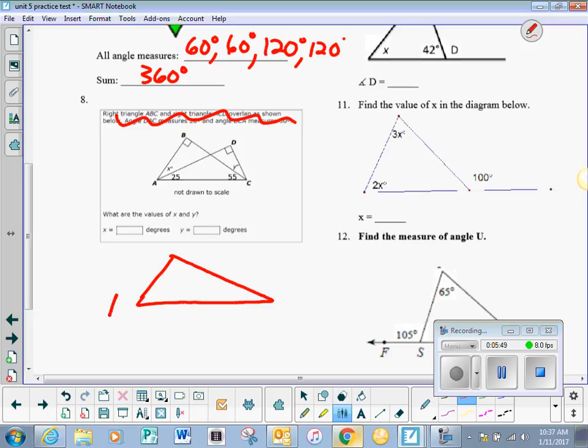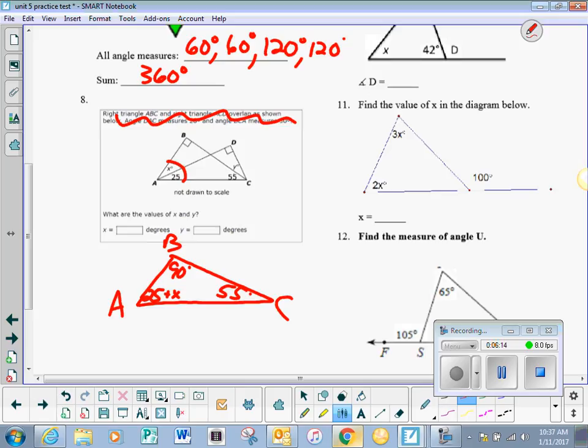Okay? If I draw ABC out separately, this is 90, this is 55, and this is 25 plus x, right? Because it's this little part plus this part. So what do I know about those three angles? They add up to be what?